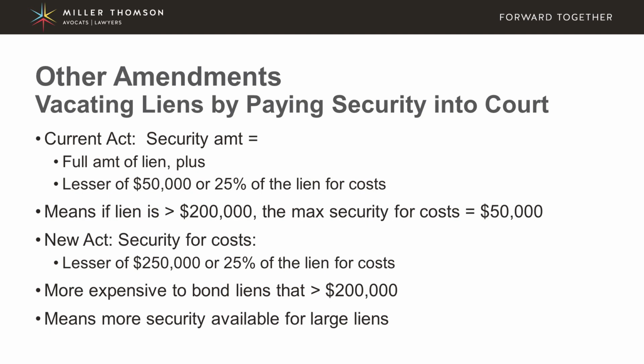So that means that any liens that are greater than $200,000 will be more expensive to vacate, or to get bonds to vacate. Now, this is typically the requirement of the contractor. Typically, owners have in their contracts that if a lien appears on title, the contractor is required to take it off title by posting security. But sometimes the owner may do it for various reasons. So this is important to bear in mind.